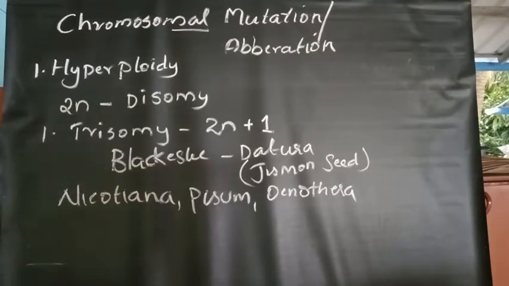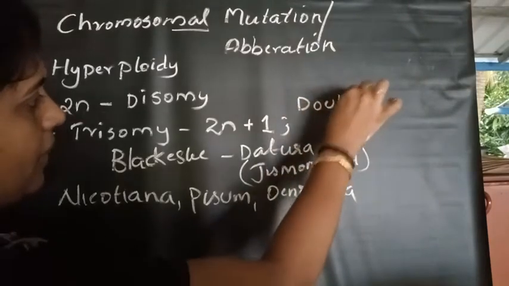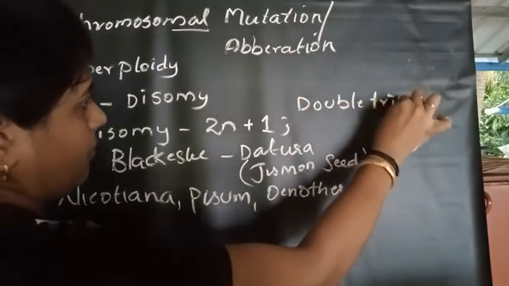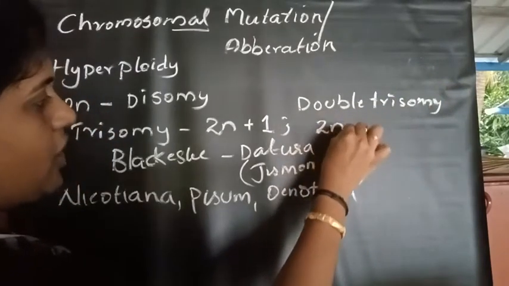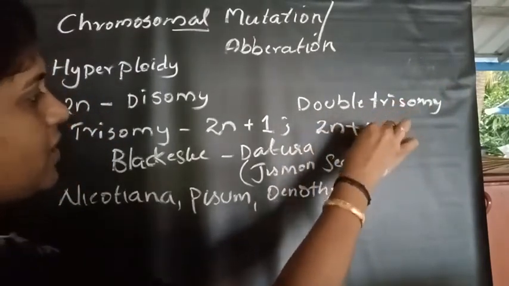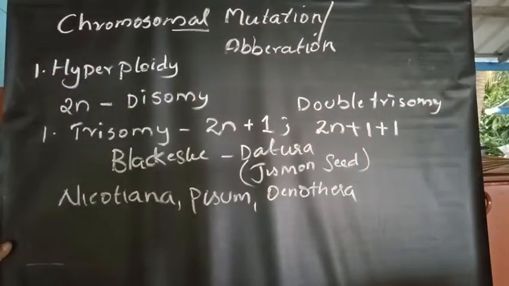Addition of two individual chromosomes from different chromosomal pairs to the normal diploid set is called double trisomy. So what is double trisomy? This is the diploid set, this is trisomy, and in double trisomy one more individual chromosome is added.